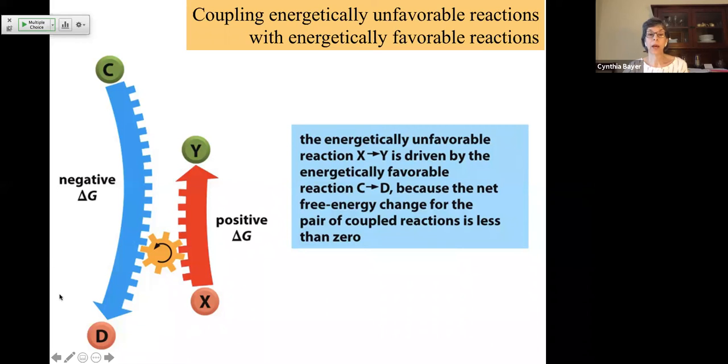If that reaction is coupled to ATP hydrolysis, conversion of high free energy ATP to lower free energy ADP that has a large negative delta G, like a set of gears, ATP hydrolysis can drive the non-spontaneous conversion of X to Y.